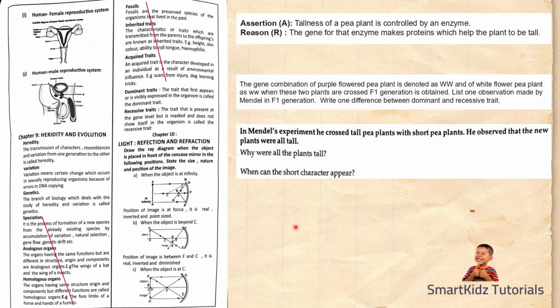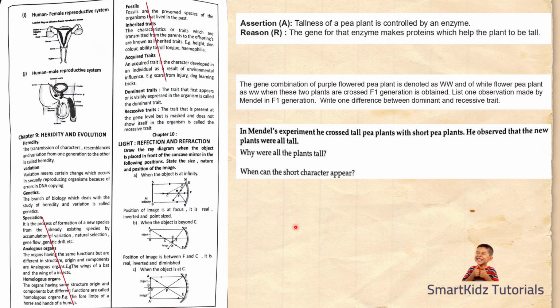And it is only the Y chromosome that decides that the fetus will be a male. If the male donates an X chromosome and the female always has X, then X and X together will become a female.